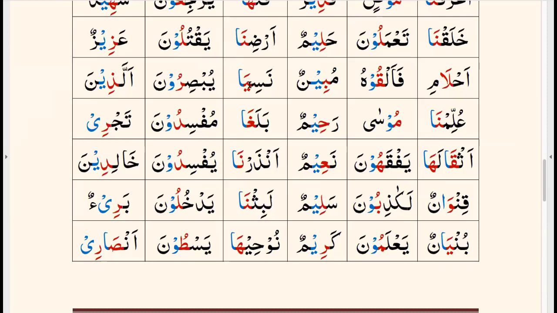So we read this for 2 seconds. Ya. And the whole word we will read: Nasiya. Lafia. Well done. Make sure to prolong the Ya for 2 seconds.